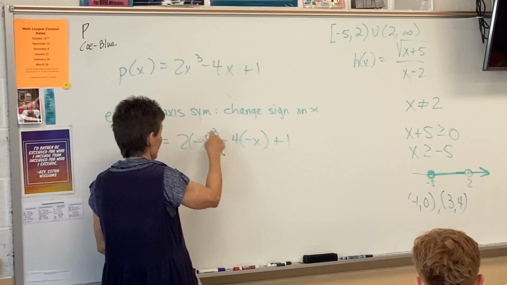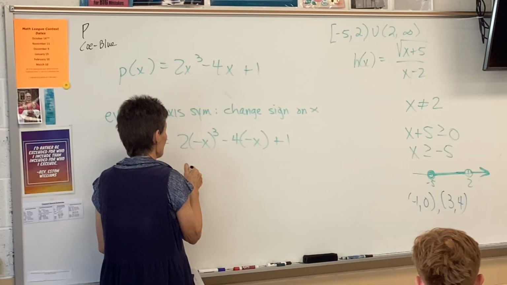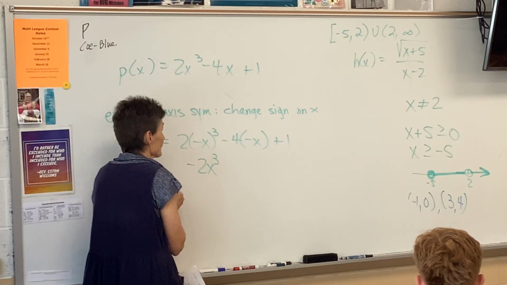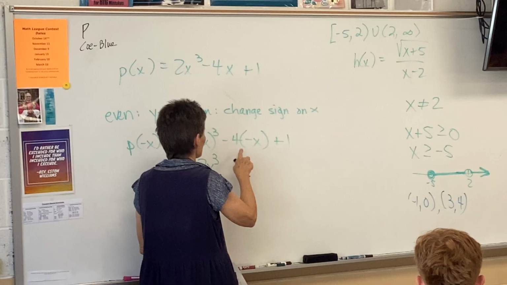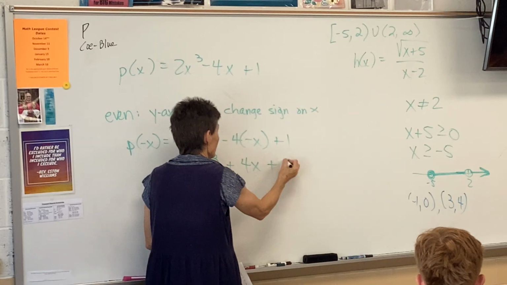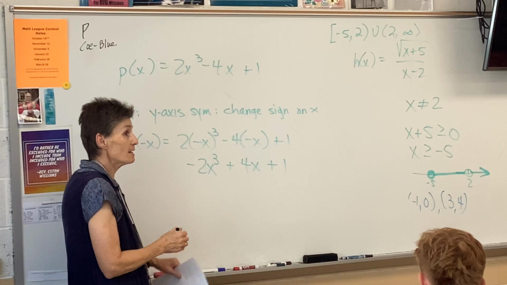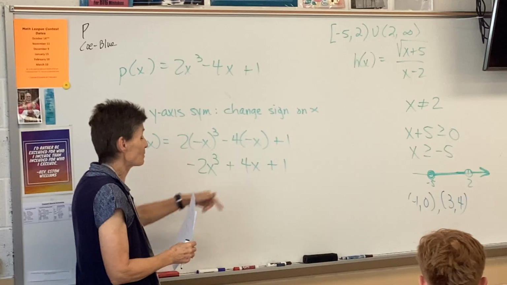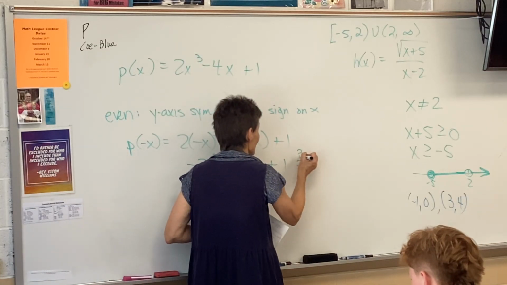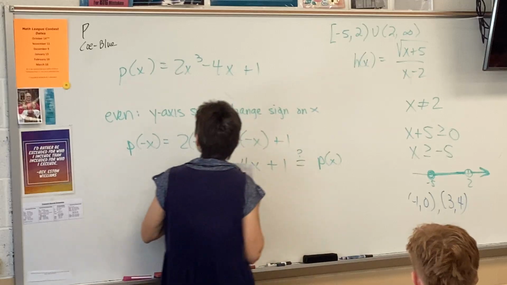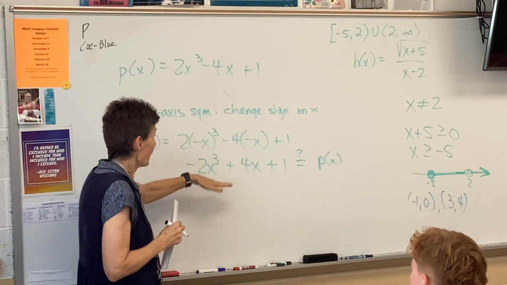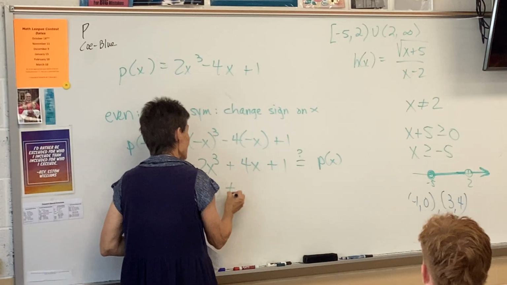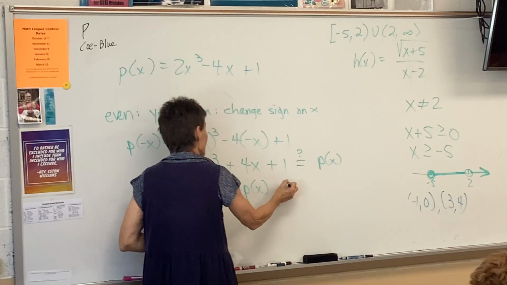When I clean that up, that term will be negative 2x cubed. Ooh, what's going to happen here? Plus 4x plus 1. Now, if I'm even, then when I change the sign on x, I'm supposed to get my original problem, right? Did I? No. P of negative x doesn't equal P of x, so not even.